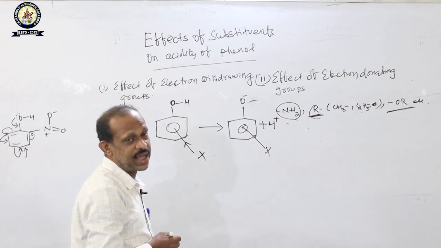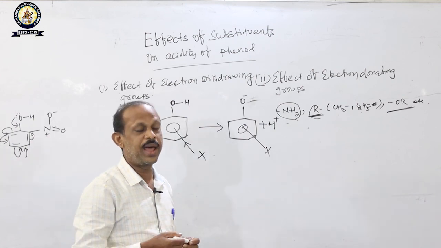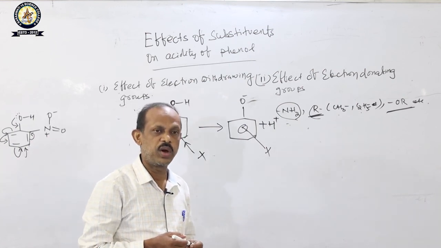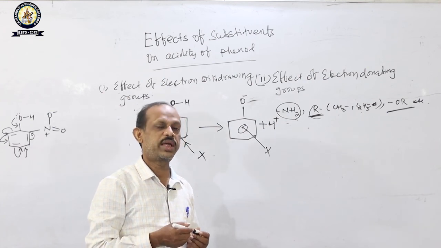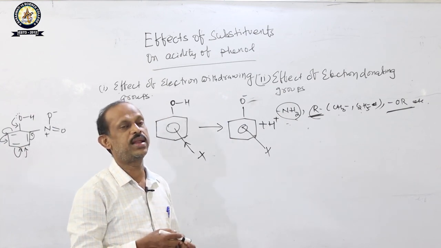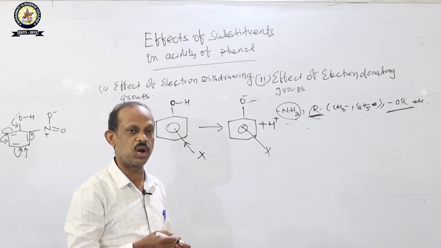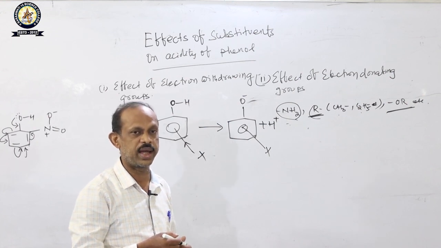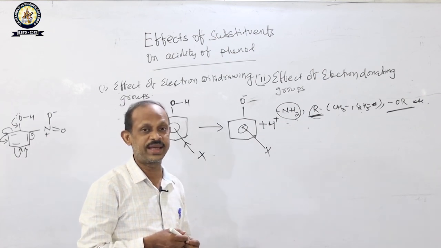So what is the effect of the substituent on the phenol? Whenever an electron withdrawing group is attached to the phenol, your acidic character will be increased. Whenever an electron donating or releasing group is present on the phenol as a substituent, your acidic character will be decreased.